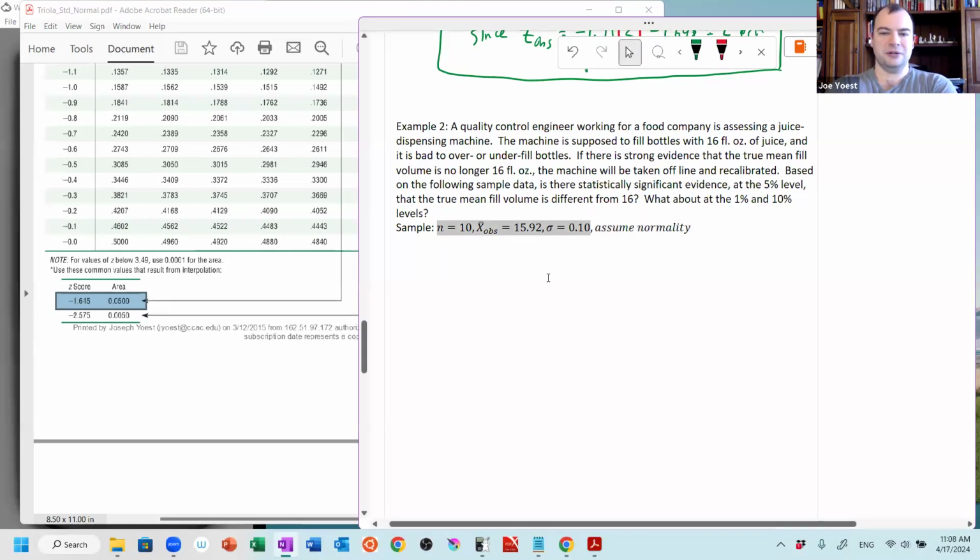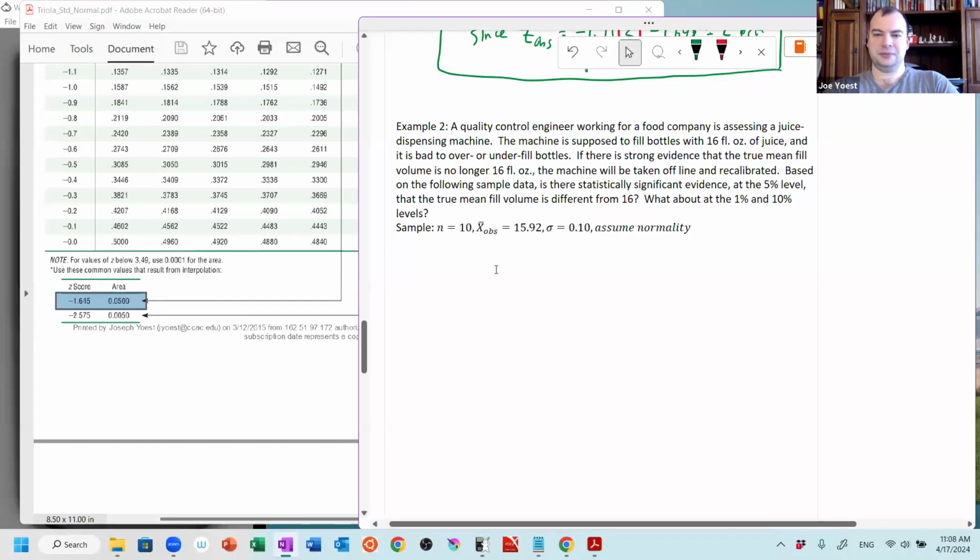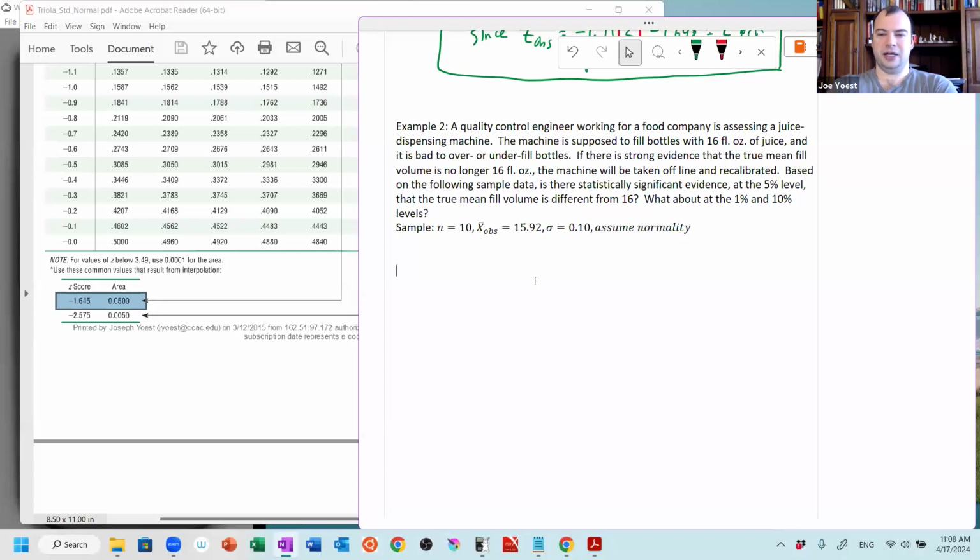We get X bar observed is 15.92, and we'll assume that we have a lot of experience with these machines, and we just kind of know the standard deviation is 0.1 fluid ounces. We want to determine whether this sample represents statistically significant evidence that the mean fill volume is no longer 16 fluid ounces, and that we should take the machine offline and recalibrate it.